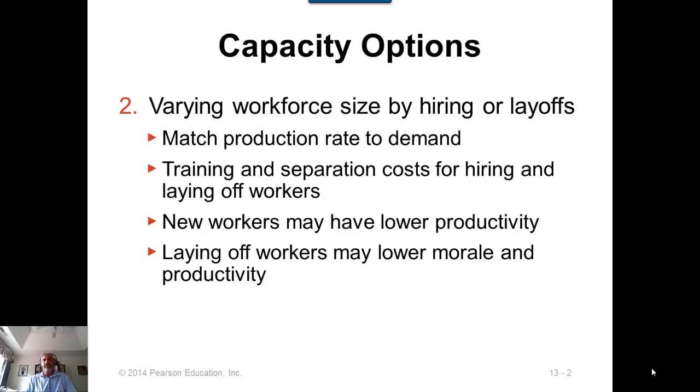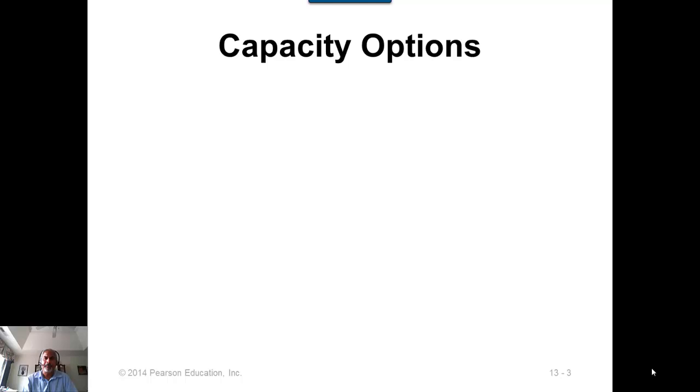That's a problem. Even if it is feasible, the new workers coming in may not produce at the same level as experienced workers, so the productivity may go down. And if you keep doing a lot of firing, hiring back, and so on, the general morale of the workers will be low, and that may lead to loss of productivity also.